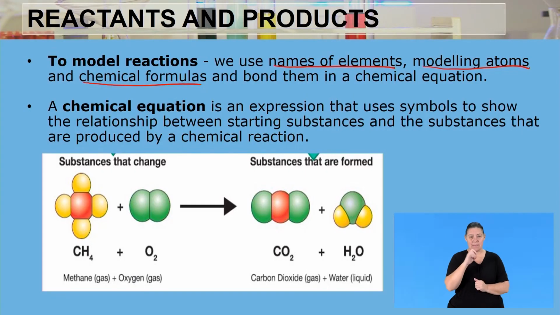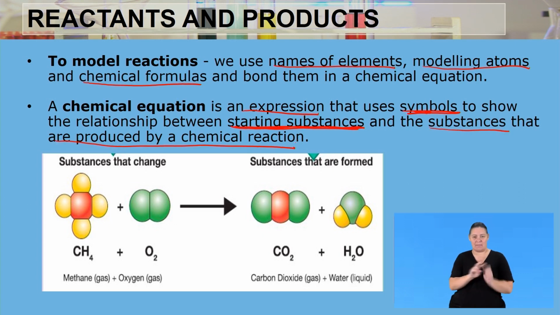Now, what is a chemical equation, you may be asking yourself? It is an expression that uses symbols, and these symbols show the relationship between the starting substances, the reactants, the ones that participate in a chemical reaction, and the substances that are produced by a chemical reaction, which we know to be products.